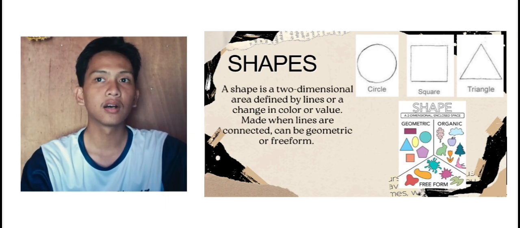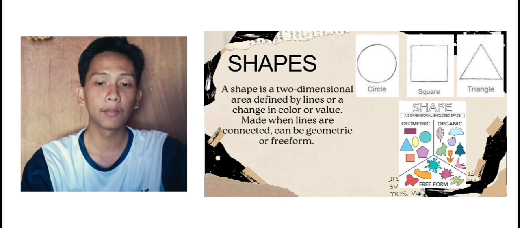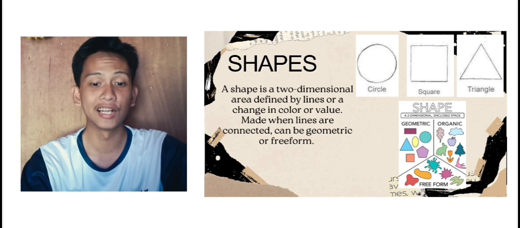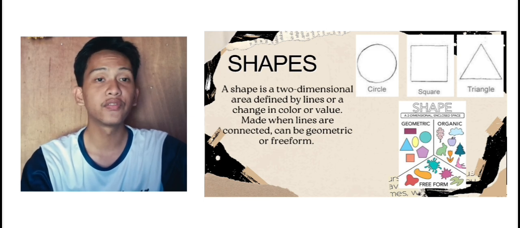Organic is what we find in our surroundings, like the shape of leaves or a tree, a fruit like an apple, a flower, and also the shape of an animal. So it's under the organic. Next we have the free form. The free form is like doing a scribble or any shape or anything that you can imagine, you can draw.